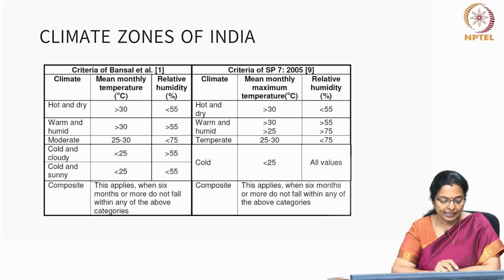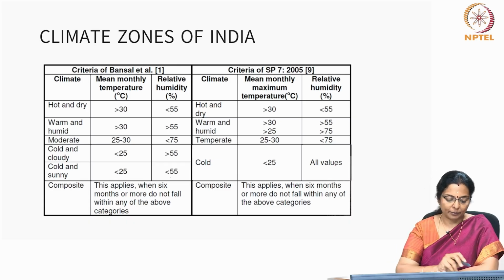For cold and sunny, the mean monthly temperature should be less than 25 degrees centigrade and the relative humidity should be less than 55%. Whereas SP7 gives only one, which is cold, where the mean monthly maximum temperature is less than 25 degrees centigrade for any values of humidity.